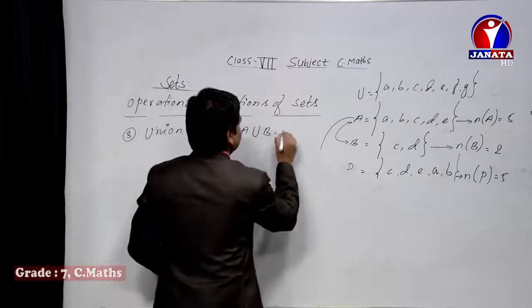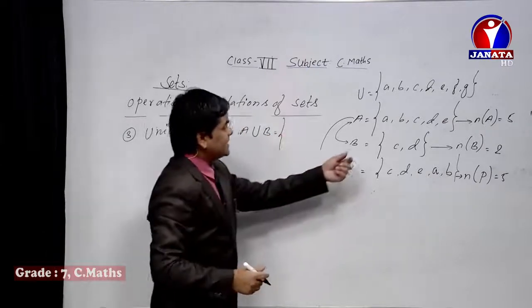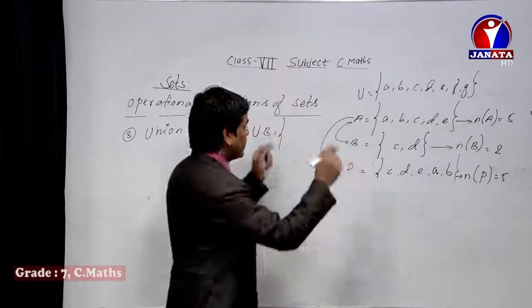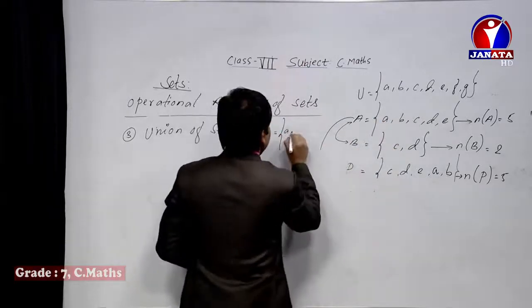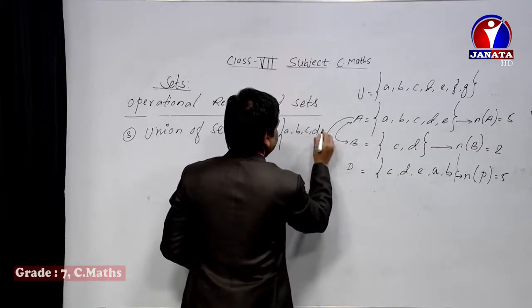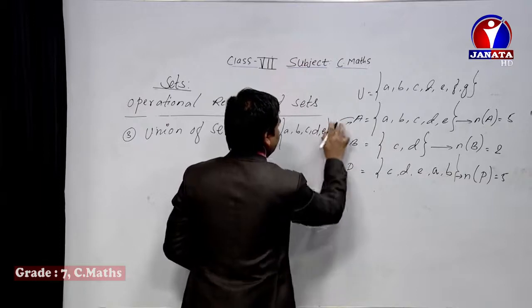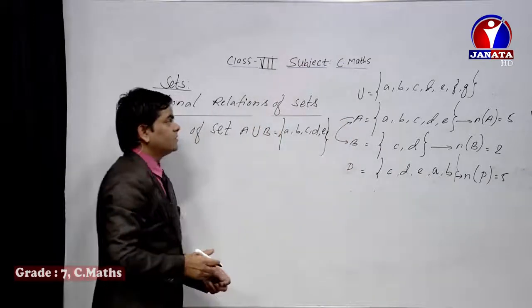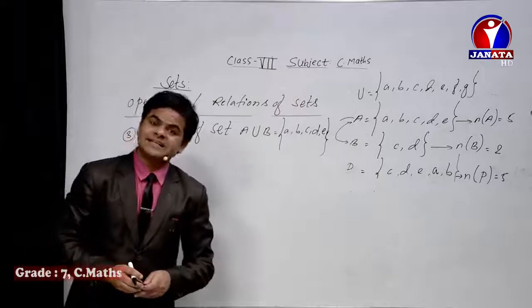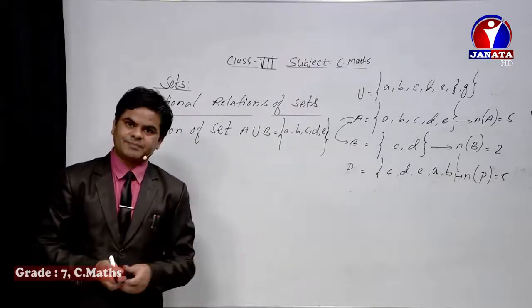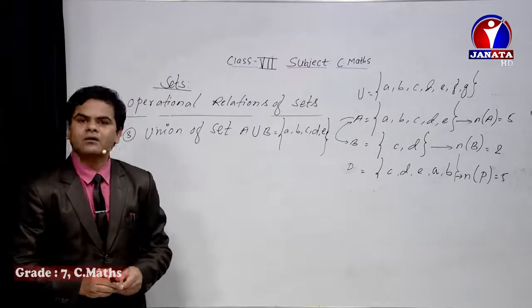It equals to, dear students, without repeating, if you want to combine the elements of both sets, then it will be A, B, C, D and E. We cannot repeat, dear students, and those elements which are contained in A set and B set we combine together and we keep inside the curly bracket, giving a comma after each.